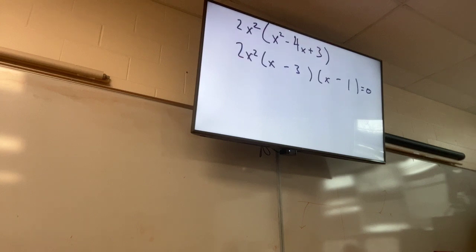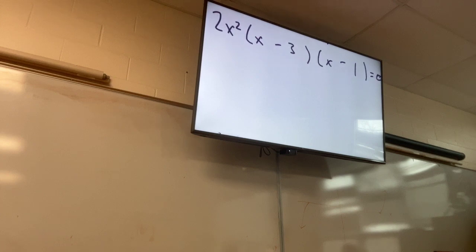Once I'm all factored like so, how do I solve for x? Set each factor equal to 0 and solve. So x equals 0, x equals 3, x equals 1. So those three numbers, those are my x-intercepts.